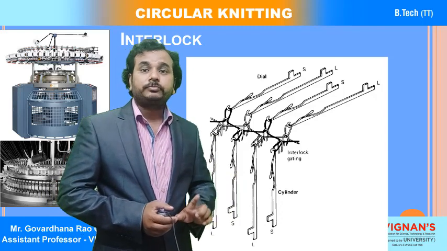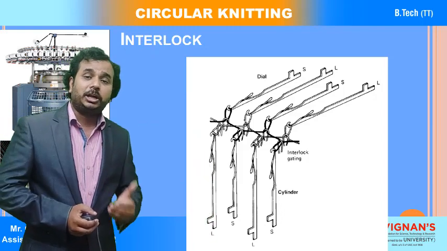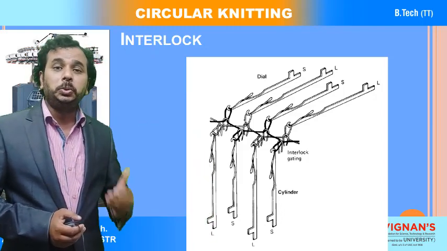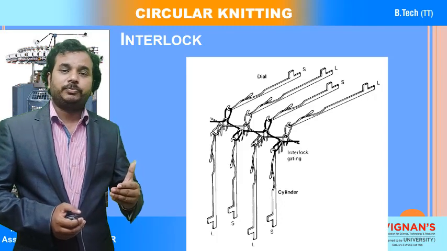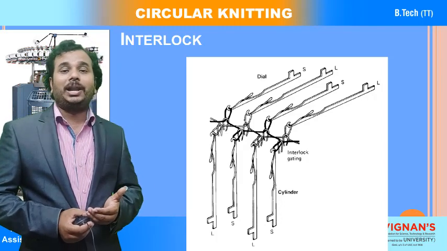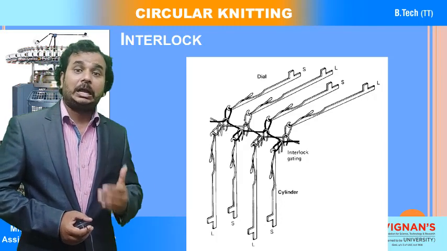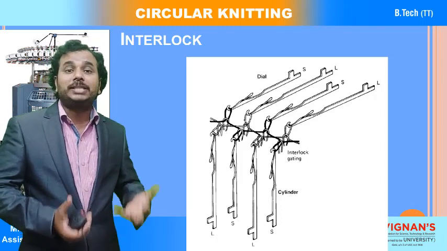When you look at the interlock fabric structure, it has the same appearance on both sides. That is why these fabrics are also called double faced fabrics. Both sides look the same.